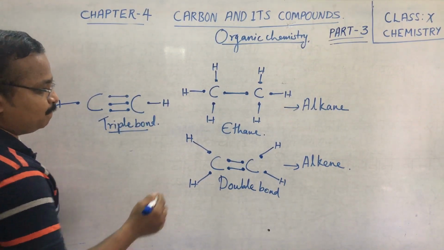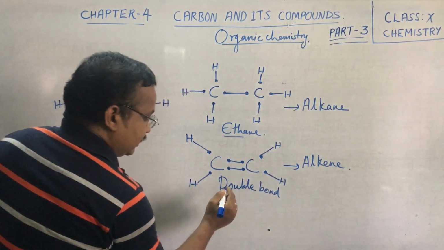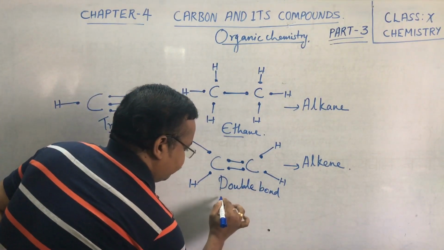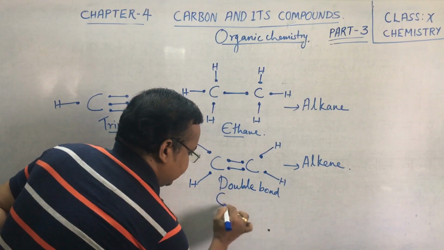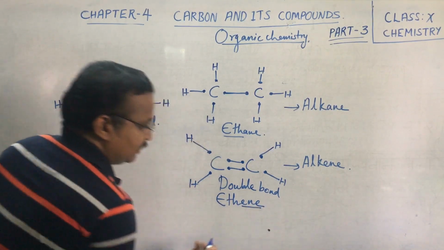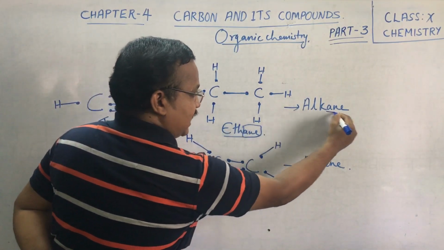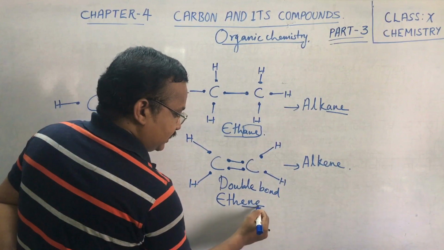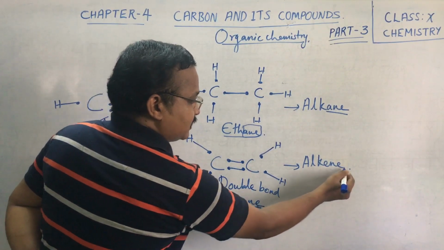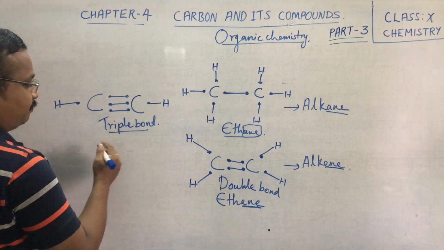Children, listen. This, I told you, is ethane. Here, the double bonded carbon, we call it ethene. Here the difference is, we have used ANE since it is alkane, and here we are using ENE because it is alkene. So children, can you tell me what this one in triple bond will be?